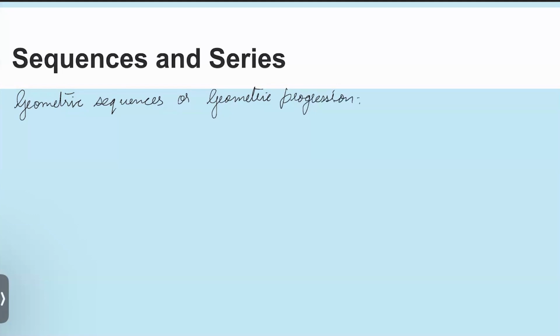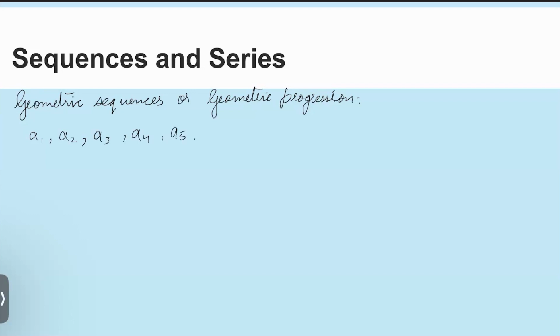Geometric sequences are a list of numbers where we established the relation in the first class. Geometric sequences are those where some number is either multiplied to or divided with a term, which gives you the new term. Suppose you have a1, a2, a3, a4, a5.